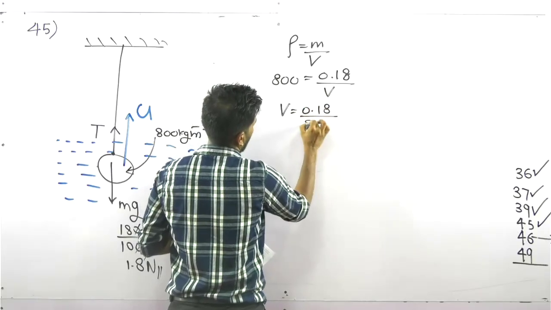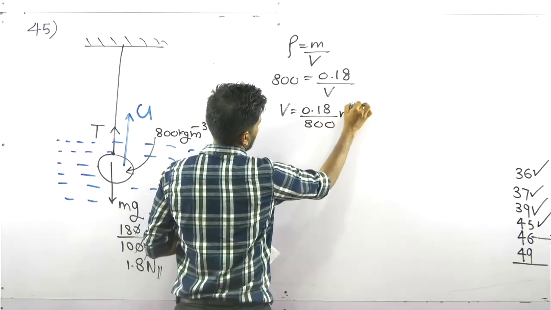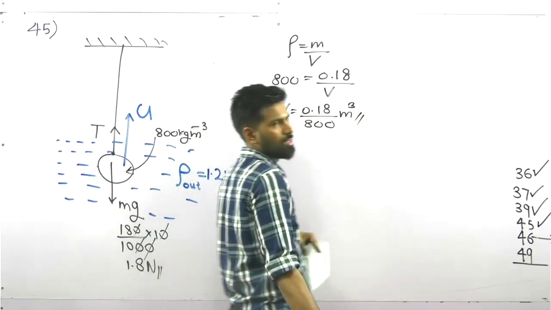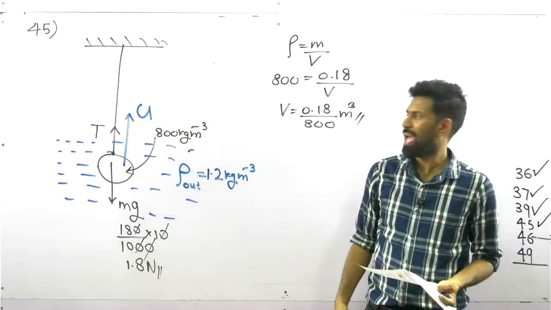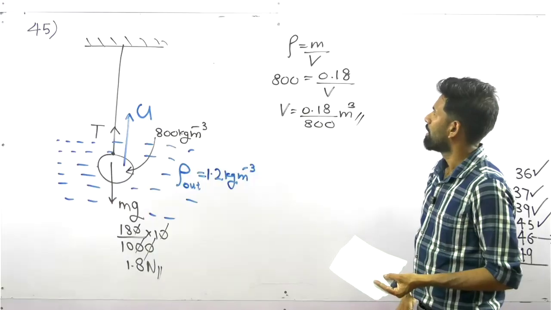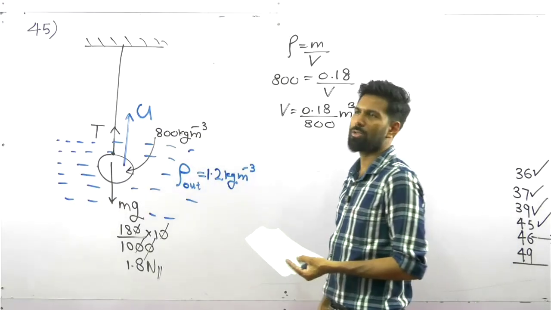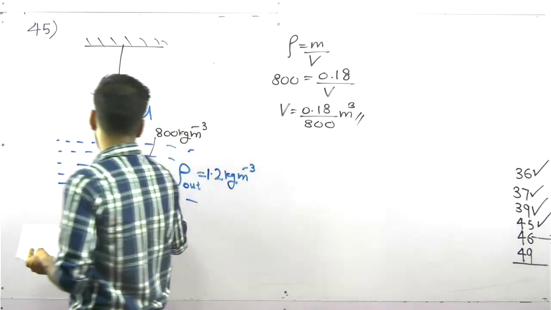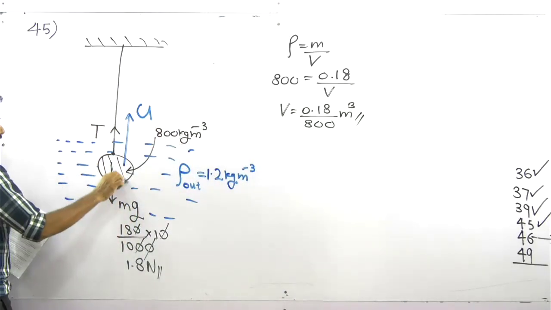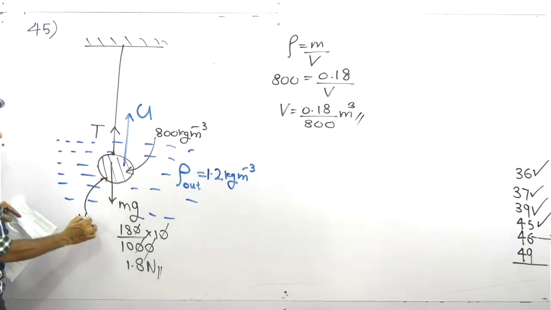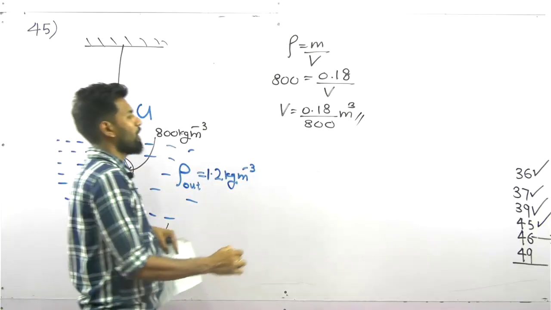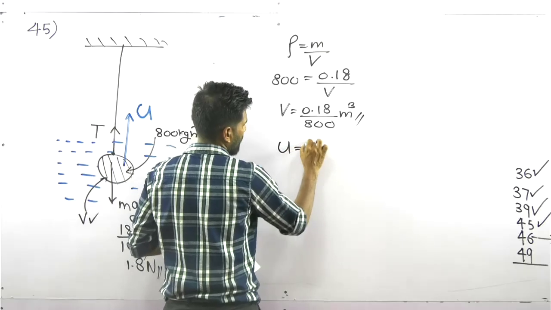0.18 over 800 meter cubed in SI units. By the density and the mass of the object, we got the volume of the object. Now we know the volume. So what is the upthrust acting on the object?